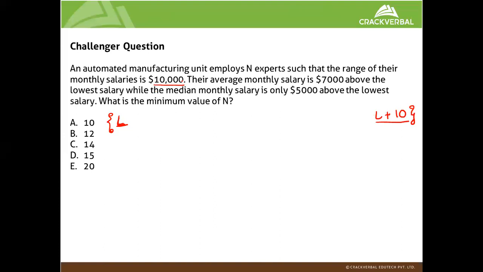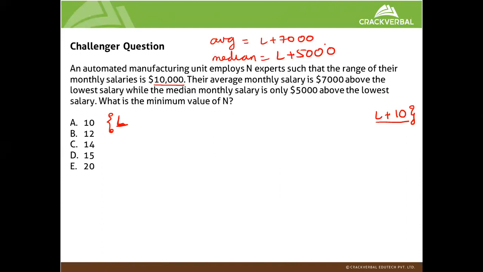Range is always max minus min. So the average monthly salary, that is the mean, is 7,000 above the lowest salary. So that's L plus 7,000. And the median salary is given to me as L plus 5,000. So this is what Arun has done in the beginning.